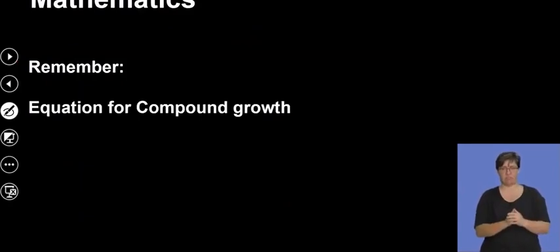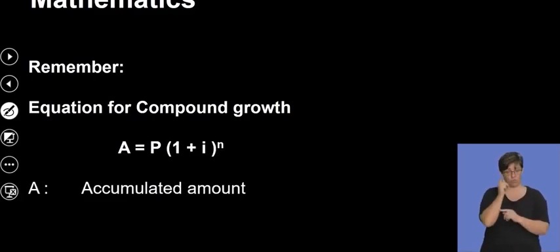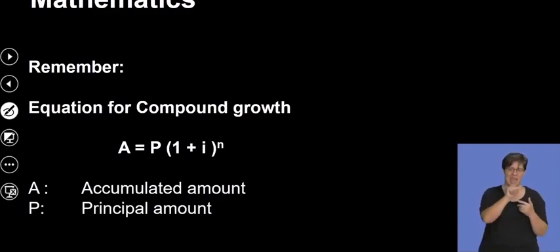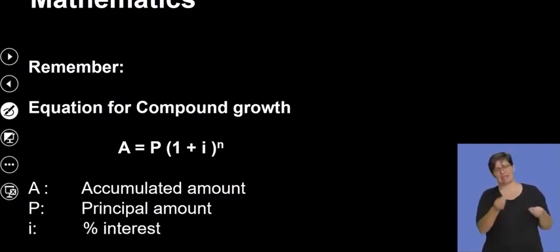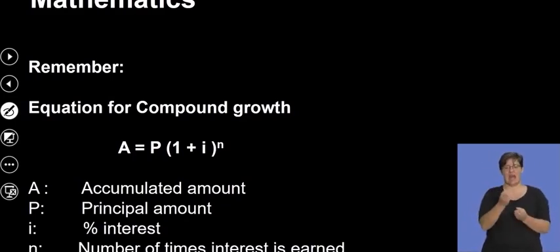You just need to remember that the equation for compound growth is given by that, and our definitions of all the letters: A is the accumulated amount, P is the principal, i is the interest, and n is the number of times interest is earned. Please remember, it is not necessarily the number of years, because we're dealing with compound growth. It's the number of times you are getting the interest in the duration of your investment.